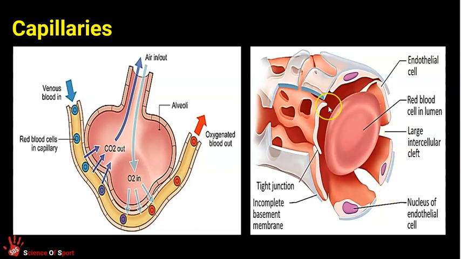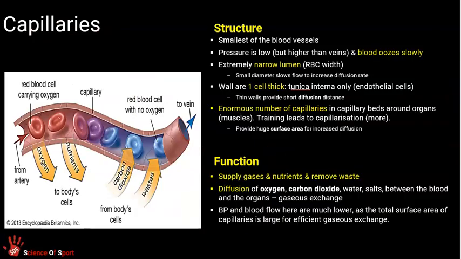And it's designed to be really small, more or less the size of a red blood cell, because we want gas to have to travel a very, very short distance through the alveolar wall, which is 1 cell thick, through the capillary wall, which is 1 cell thick, through the really thin wall of the red blood cells. So same applies in the muscles, through the capillary wall into the muscle cell wall. So 1 cell thick, really important for the structure of capillaries.